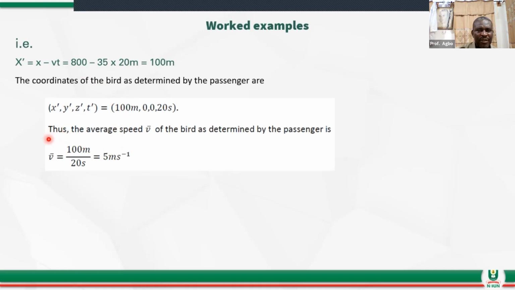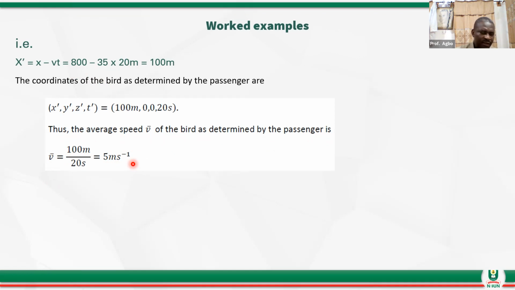Now, the average speed of the bird as determined by the passenger is what? That would be 100 divided by 20, because we know that velocity is displacement over time. So that means 100 over 20 seconds, and that is 5 meters per second. And again, what is the question? The question says we should determine the average speed of the bird.